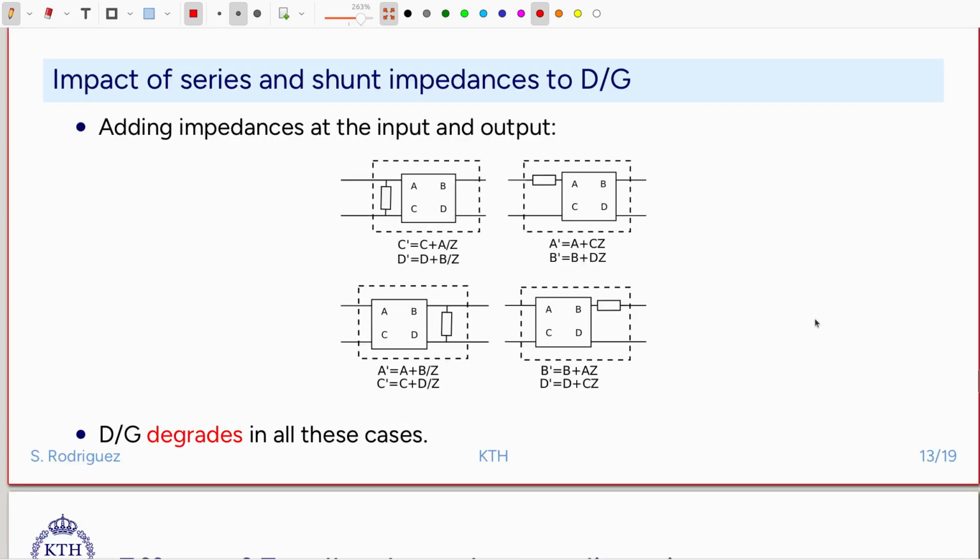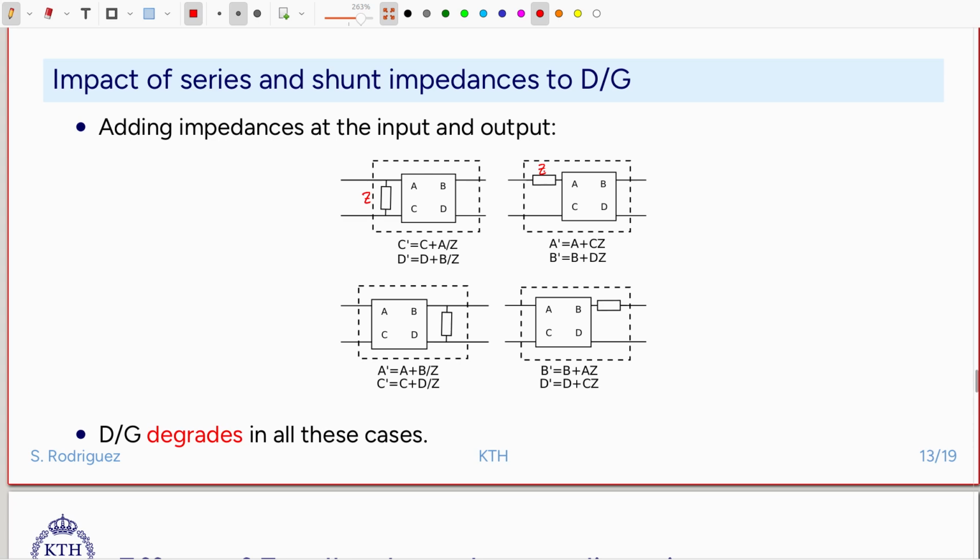Now, there are situations in which we have impedances at the input or the output of our stages, and then it is useful to study the impact of this impedance. So what happens when we add impedance at the input of our amplifying stage? We add this impedance zeta here and impedance zeta here.